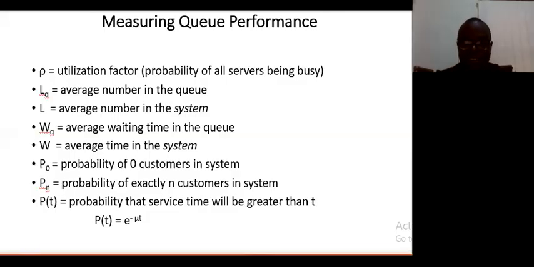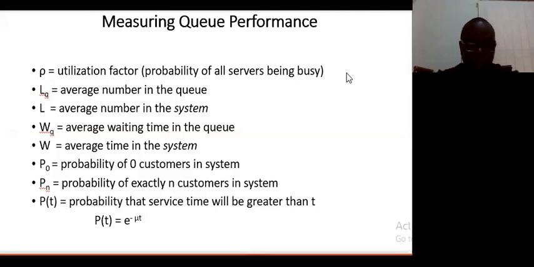Welcome back. In this class, we'll be looking at how to measure the performance of a queuing system, or the queuing performance, or queuing models performance. Now here, we'll take a look at several parameters that we use to evaluate the performance of queuing models or queuing systems.